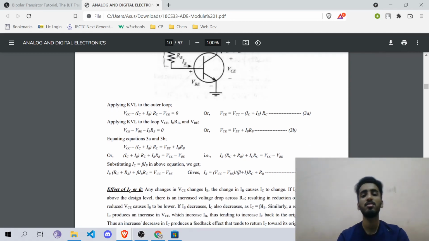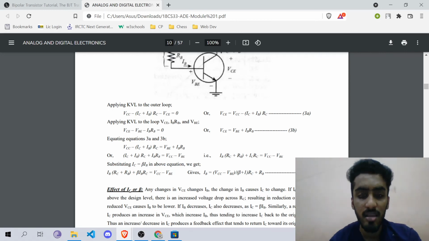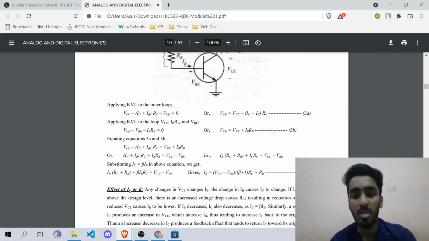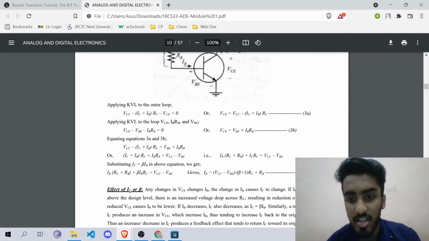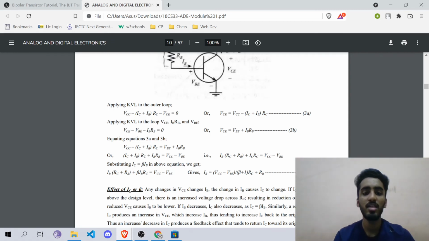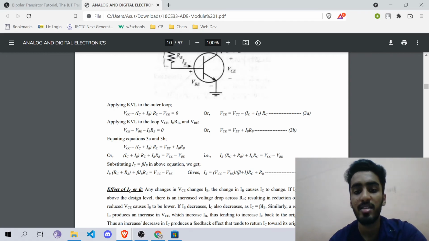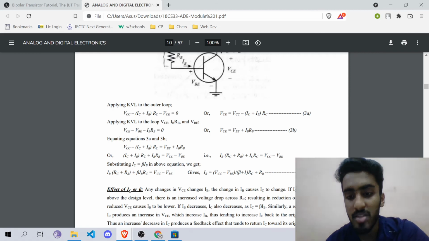Now the effect of IC or beta. Any change in VCE changes IB. The change in IB causes IC to change. So if we increase IC above the desired level, there is an increased voltage drop across RC. This means that there is a reduction of VCE.